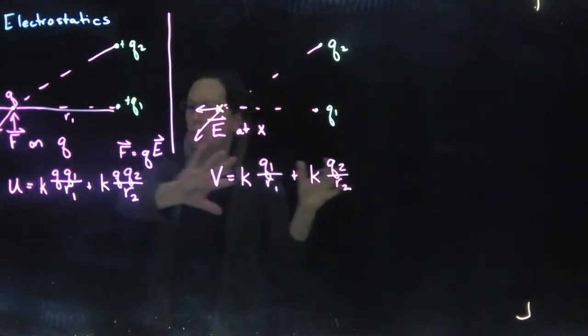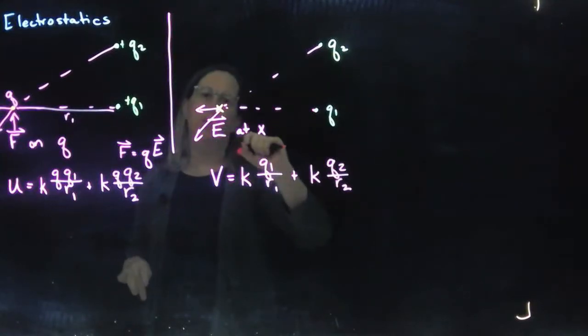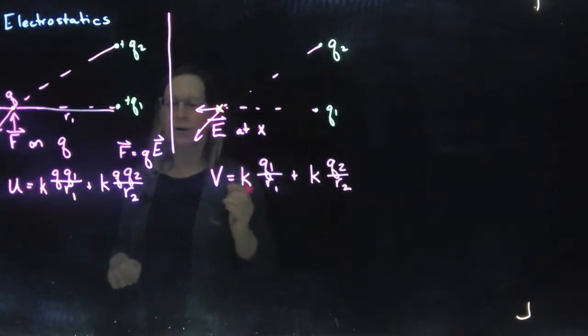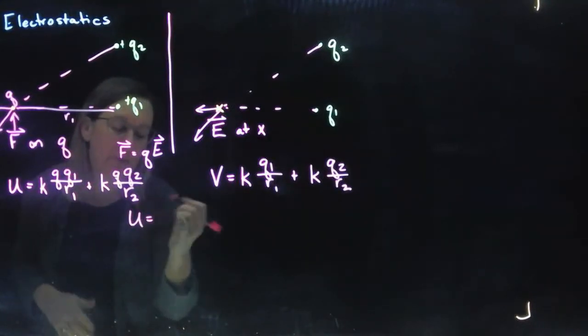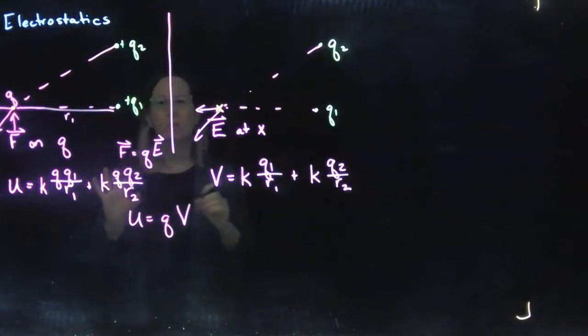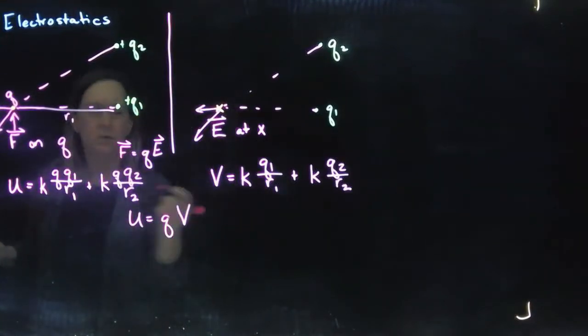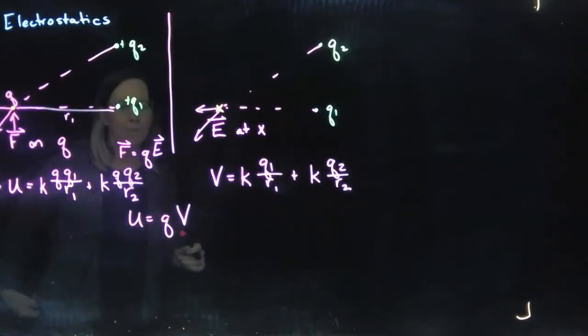So this works the same. It just tells us what happens when we're going to put a charge in here. And so again, our connector is that U, the potential energy, is Q times V, where we've assumed the reference point. Notice what's implied here is that U equals 0 or V equals 0 when R is very far away, when this charge is really far away.